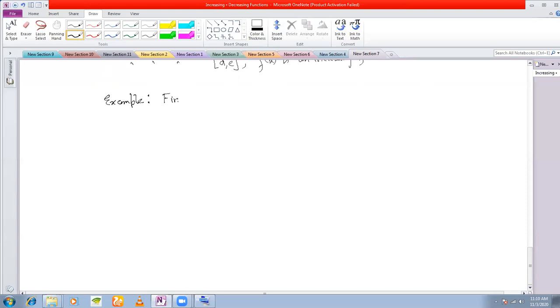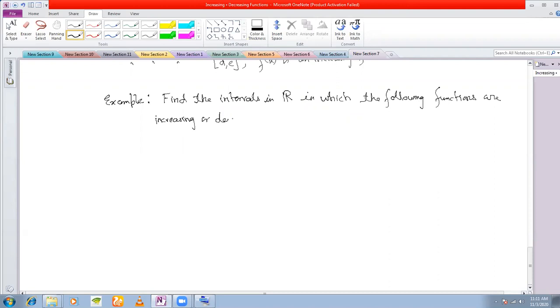The question here is: find the intervals in R in which the following functions are increasing or decreasing. And what are the functions given to you?